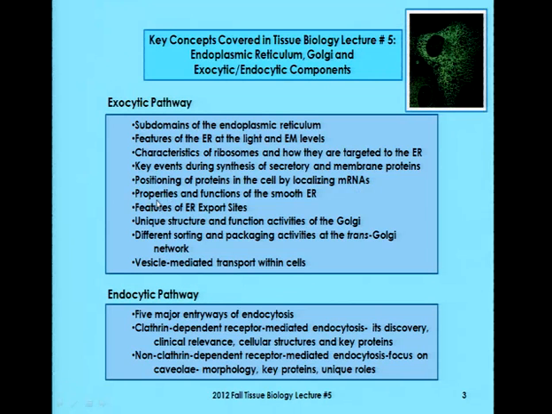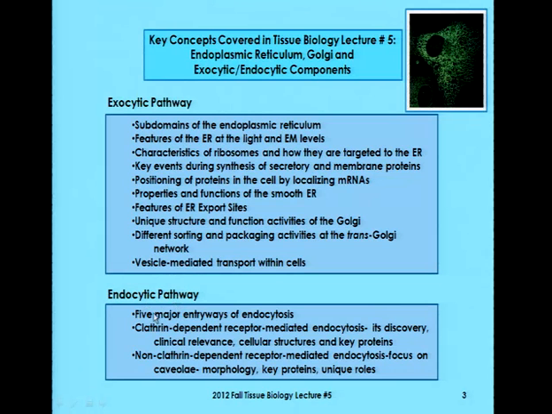We will be covering the properties and functions of the smooth ER, features of the ER export sites, the unique structure and function activities of the Golgi, different sorting and packaging activities at the trans-Golgi network, and vesicle-mediated transport within cells. Then we'll be touching upon the endocytic pathway.